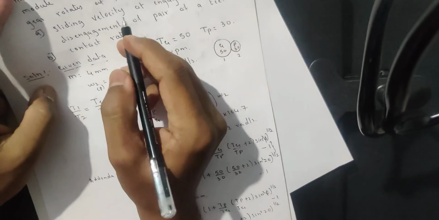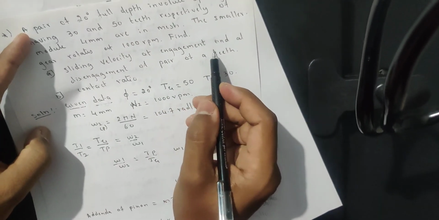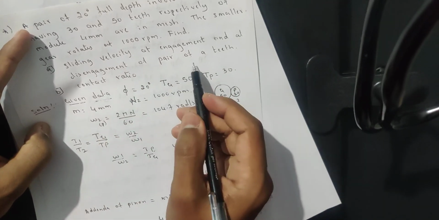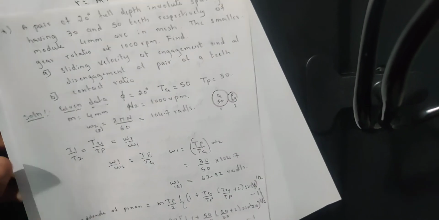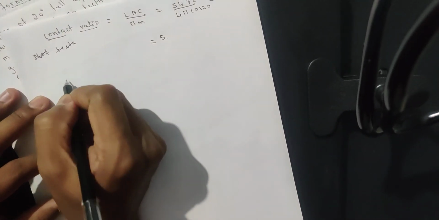Next, the thing we have already studied, which has to be found out, is the sliding velocity at engagement and at disengagement of a pair of teeth. Okay, so sliding velocity we have to find out. So what is that sliding velocity?